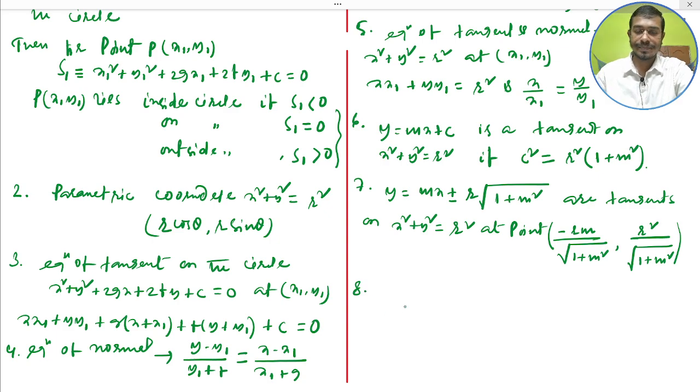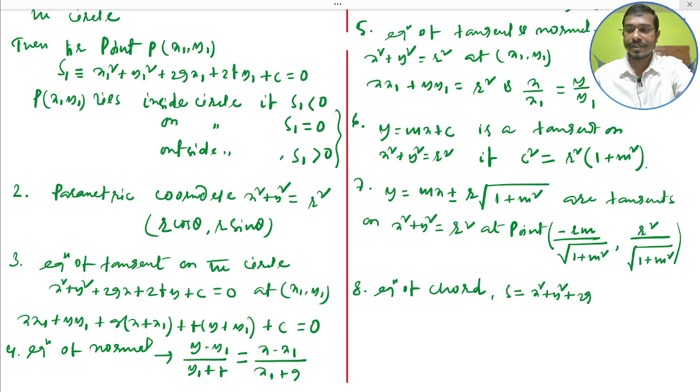Next, number 8. Equation of chord of the circle S equal to x square plus y square plus 2gx plus 2fy plus c equal to 0.